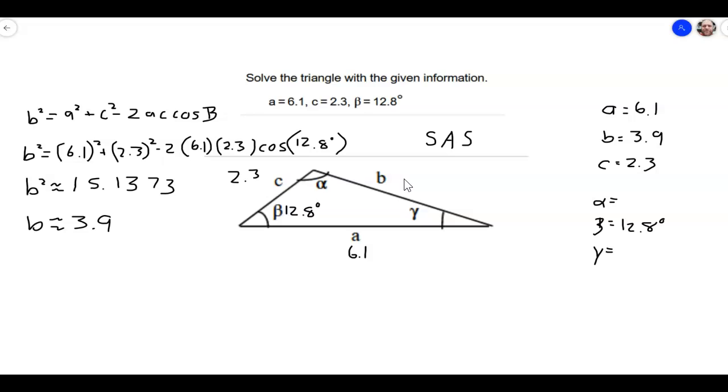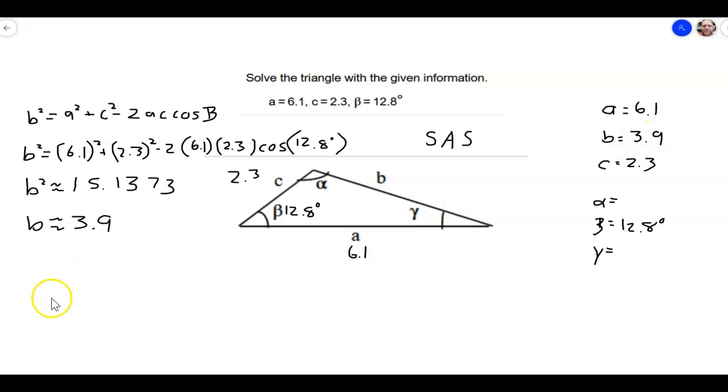Now we need to find either alpha or gamma here. They said round to 1 decimal place, so 1 decimal place there. Now in order to find the next angle, since we know an angle and the opposite side, because we know b now, we can use the law of sines.